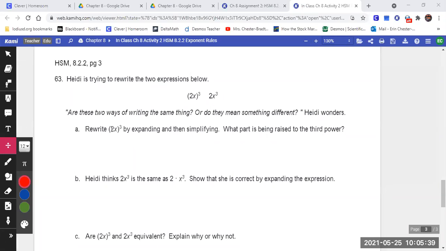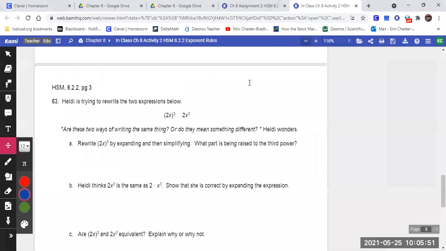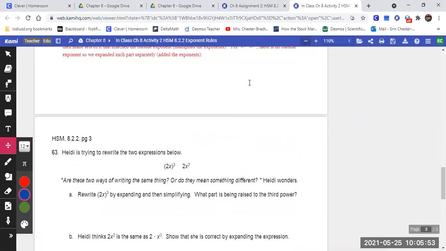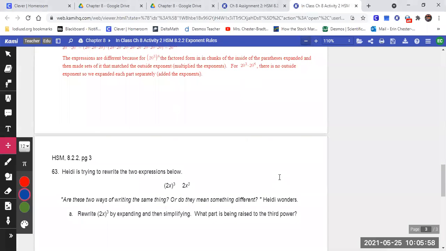Rewrite 2x to the third power by expanding it, then simplifying it. Okay, so what's it going to look like expanded? I think I can do that. 2x to the third power. How's that going to look expanded?